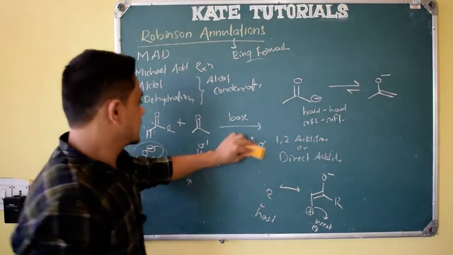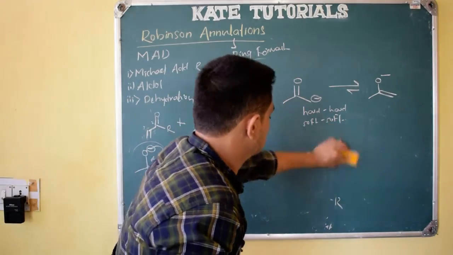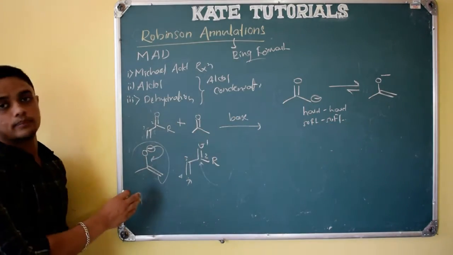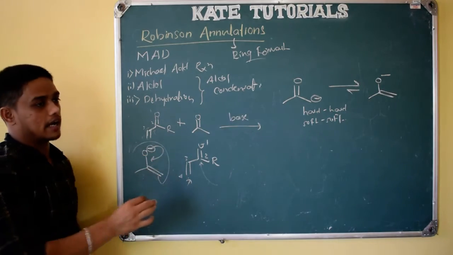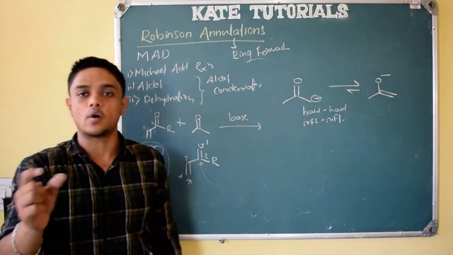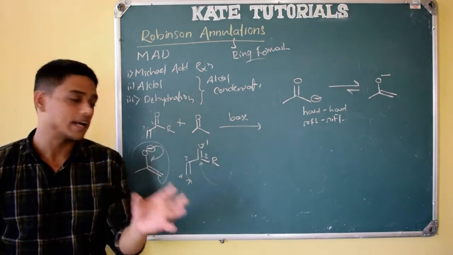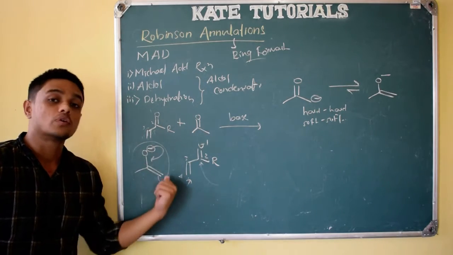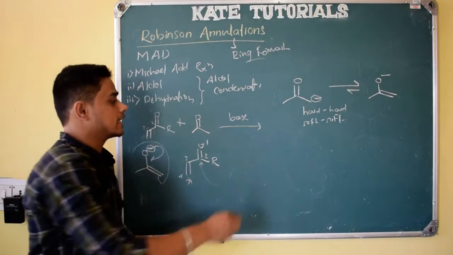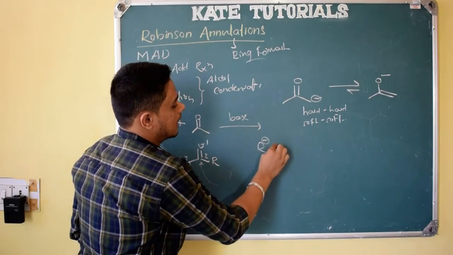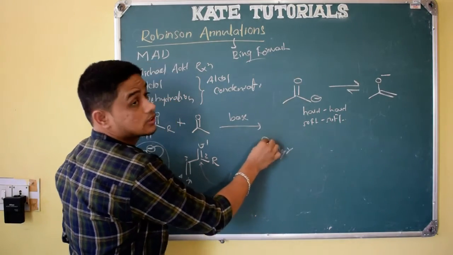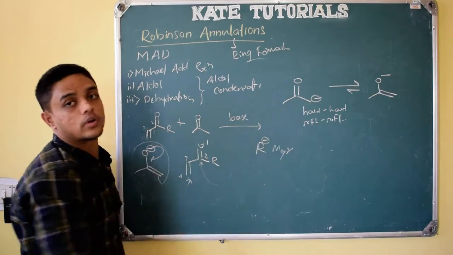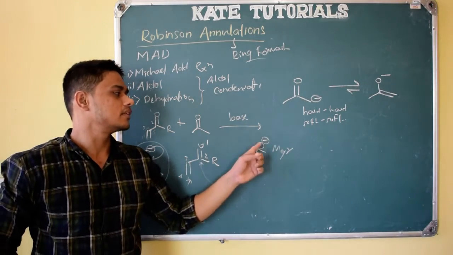So let us discuss. Since this is a weak nucleophile, because the charge is stabilized, how will we tell a nucleophile is hard or weak? If the charge is stabilized by oxygen or electron withdrawing groups, those nucleophiles are weak. Whereas in RMgX, the charge is concentrated only on R. It is very rich in electrons.